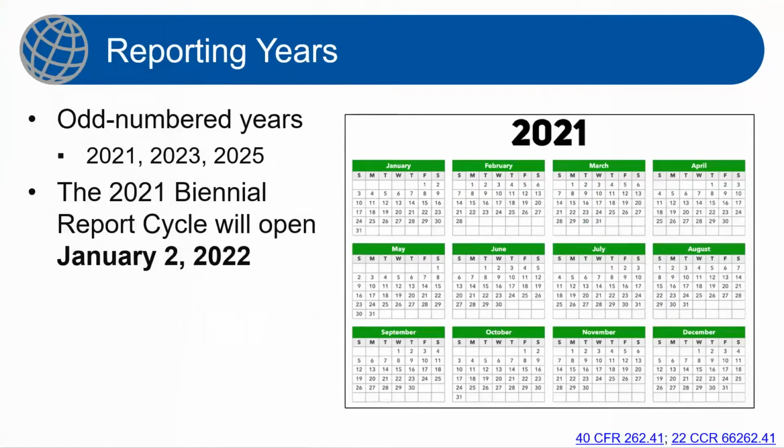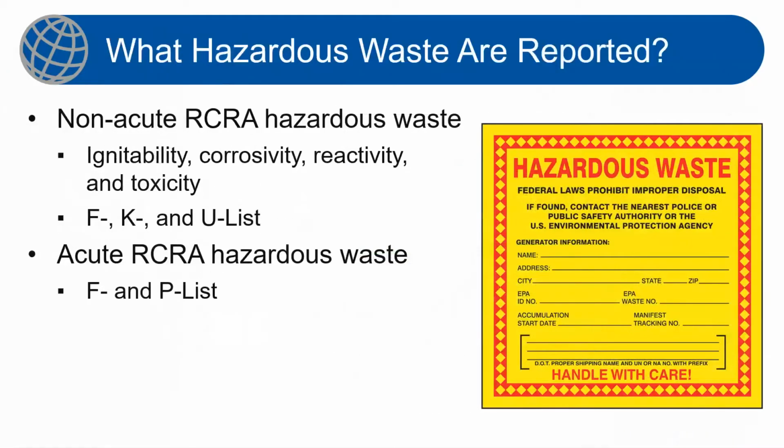Now, to determine whether or not our waste is a non-acute or an acute RCRA hazardous waste is summarized here. So if we happen to have a hazardous waste that exhibits a RCRA characteristic of ignitability, corrosivity, reactivity, or toxicity, those characteristic wastes are considered to be non-acute hazardous waste.